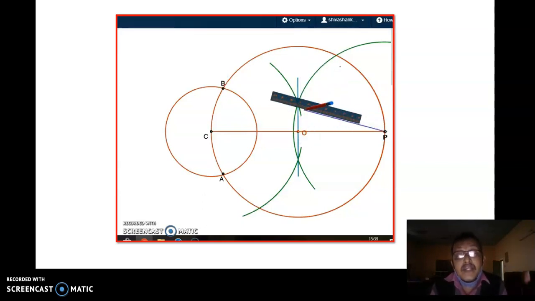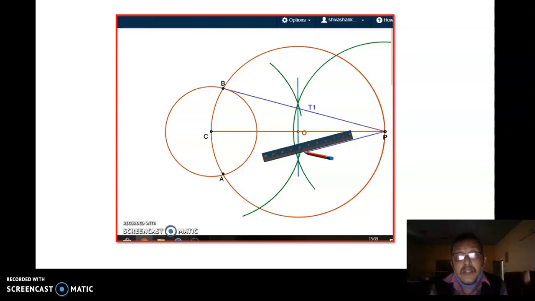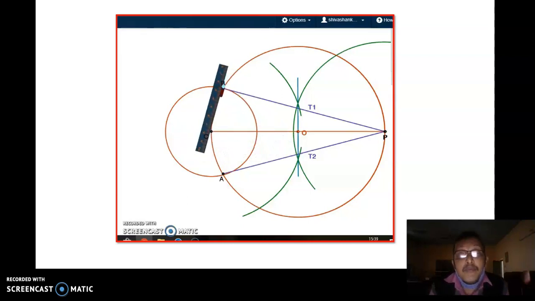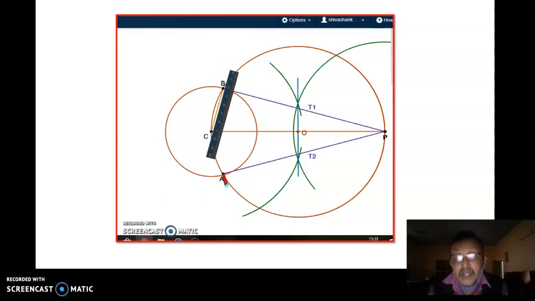PA is the first tangent, PB is the other tangent, say T1 and T2. Now measure this. If you measure, you will get approximately 8.7 centimeter. Okay. So this is the way of drawing tangents from an external point to the circle.